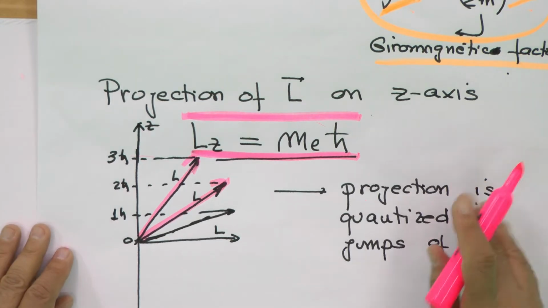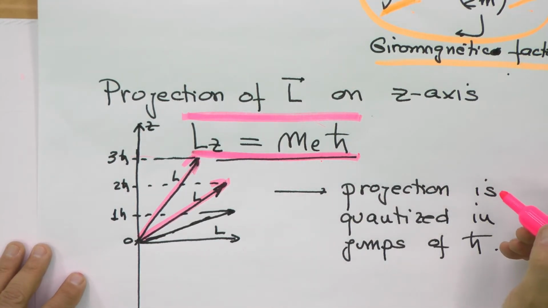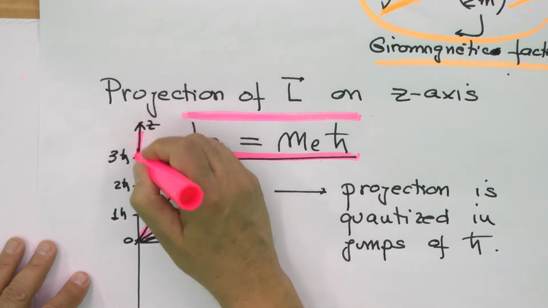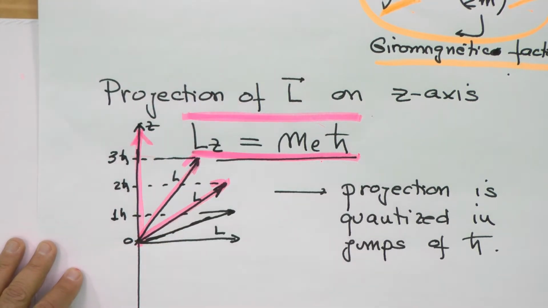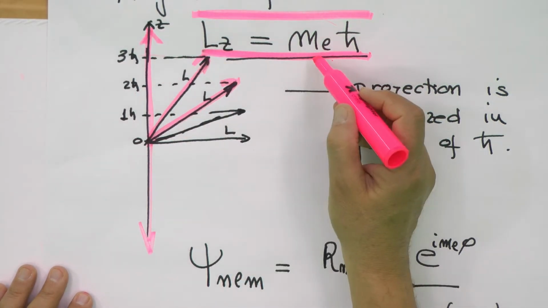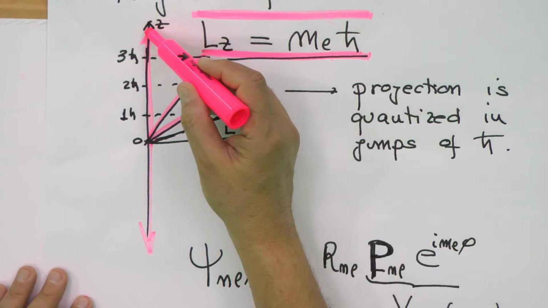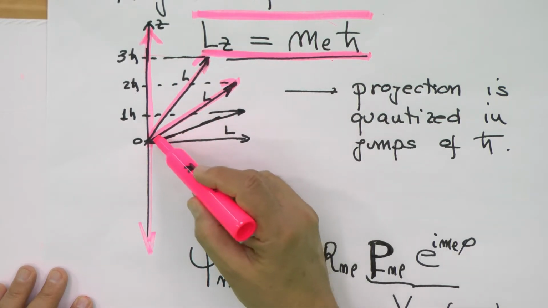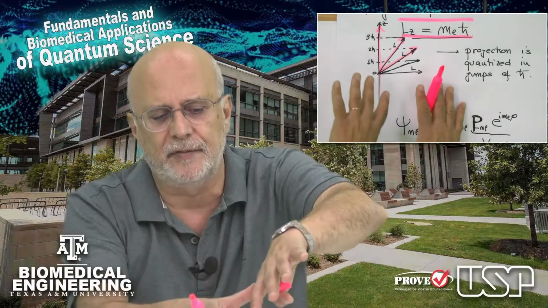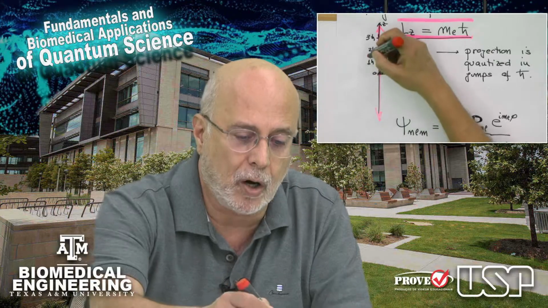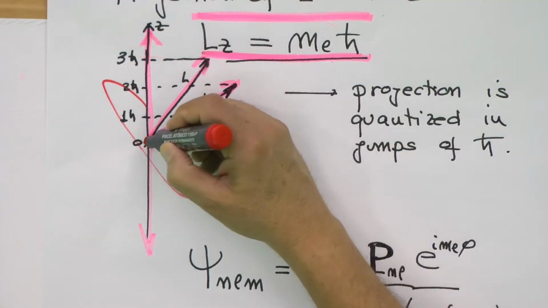And now we understand why ml is bounded to vary from plus l, when the angular momentum is fully on the z direction, to when it's fully opposite to the z direction. ml can go from plus l to minus l and vary in integer units because the orbit of this electron, if we think classically, we can imagine an orbit like this.